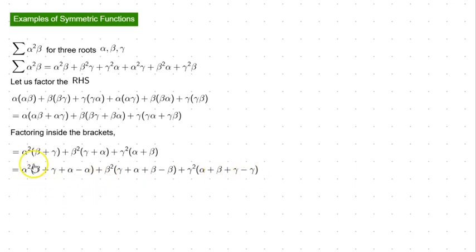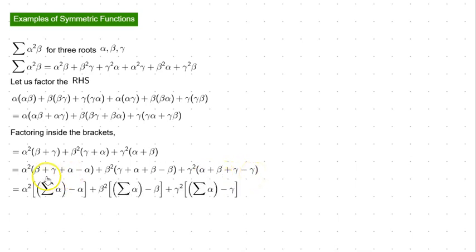So we end up with alpha squared times beta plus gamma plus alpha minus alpha plus beta squared times gamma plus alpha plus beta minus beta plus gamma squared times alpha plus beta plus gamma minus gamma. We know alpha plus beta plus gamma is sigma alpha.